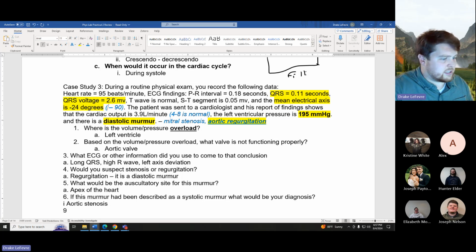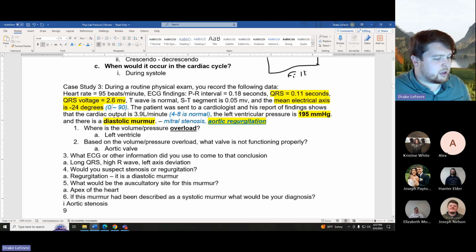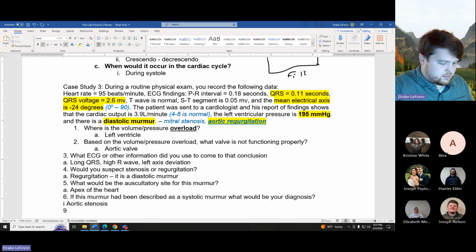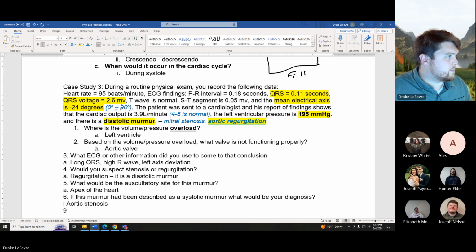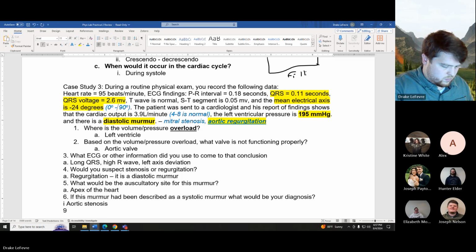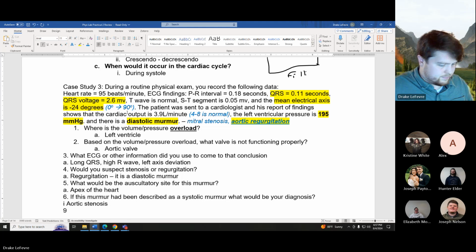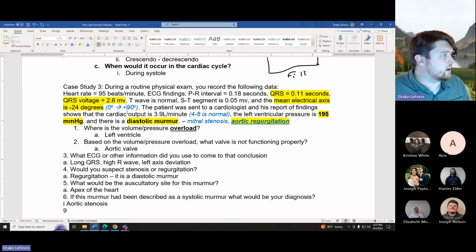I'm actually going to just leave this as 0 so it doesn't confuse anybody looking back at this. So negative 24 is leftwards deviation.